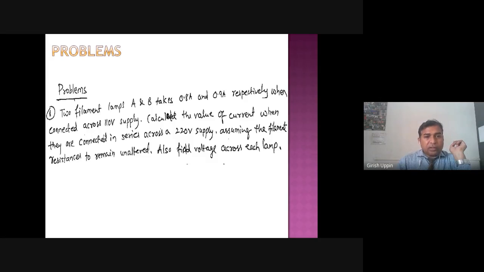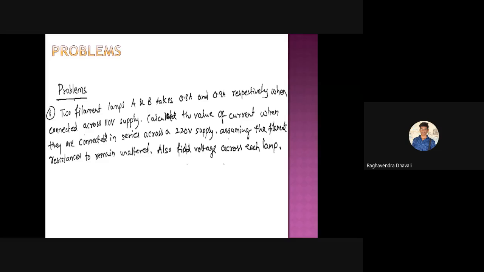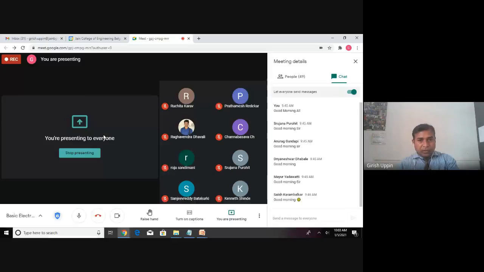So you can take the resistance of lamp A as Ra, lamp B as Rb. What is Ra? 137.5 ohm. Very good.